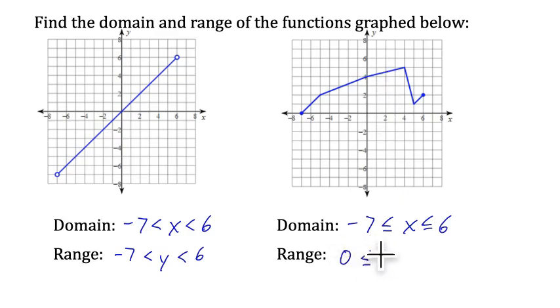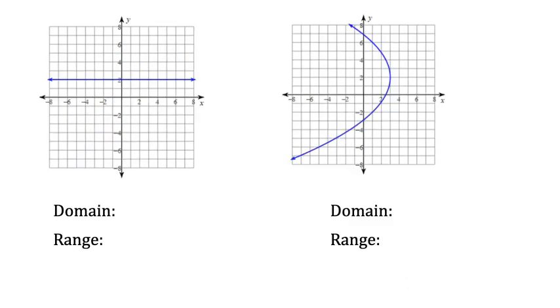So we have y is in between 0 and 5, or 0 is less than or equal to y, which is less than or equal to 5. Let's try a couple more. Now here, we can use any x values out to -infinity and +infinity, because those arrows say it keeps going.